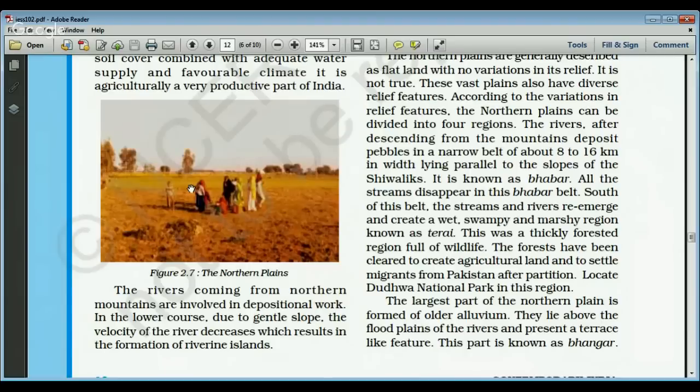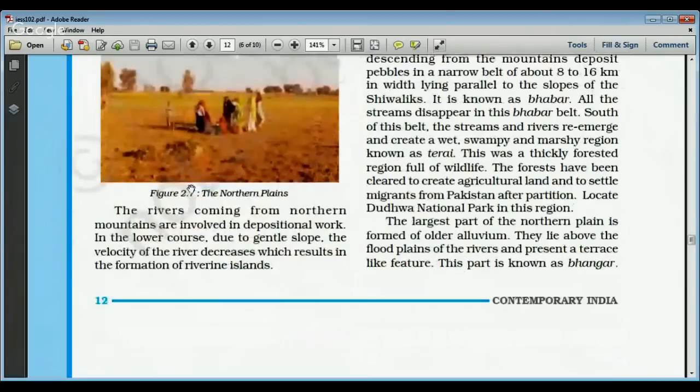That marshy region is known as the Terai. This was actually a thickly forested region full of wildlife and various types of natural resources. But the forest of this Terai region has been cleared to create agricultural land and to settle the migrants who came from Pakistan after India's partition.